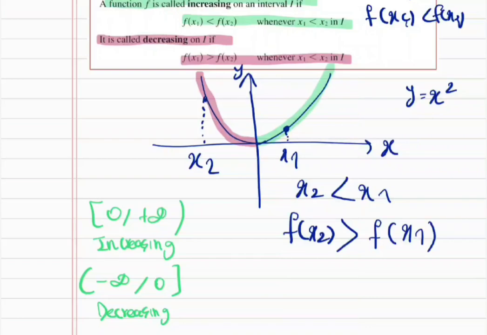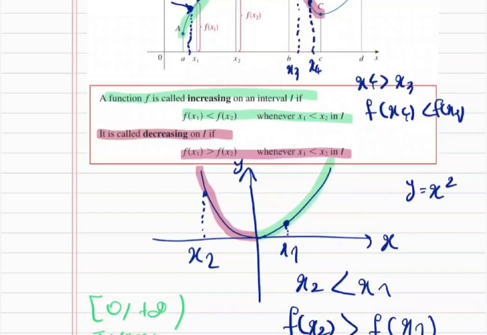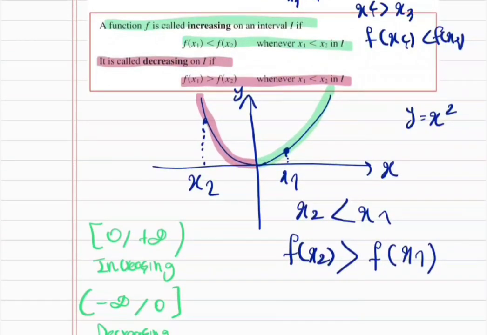But if you don't define the interval, then it's neither of them. So it's neither of them, and that's the main takeaway from this video. It should always work for all the numbers in the interval.